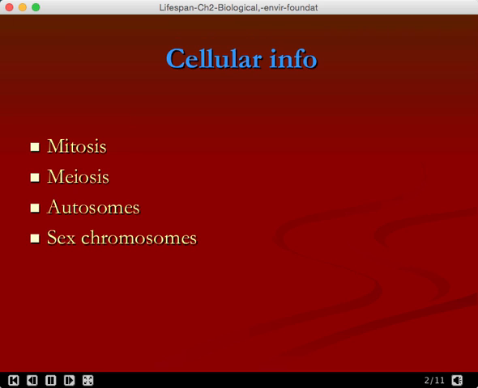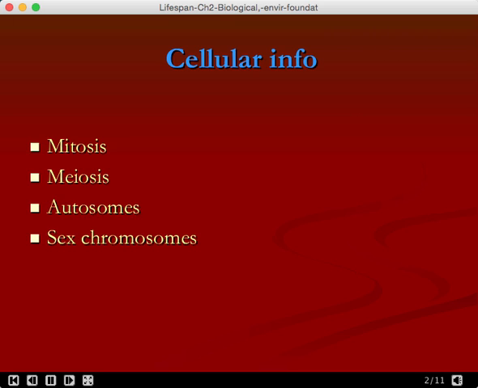Mitosis is cell division that duplicates chromosomes before dividing into daughter cells. Every cell in your body, with the exception of gametes or reproductive cells, reproduces by mitosis. In each new cell, you end up with 46 chromosomes, identical to those chromosomes in the original zygote.